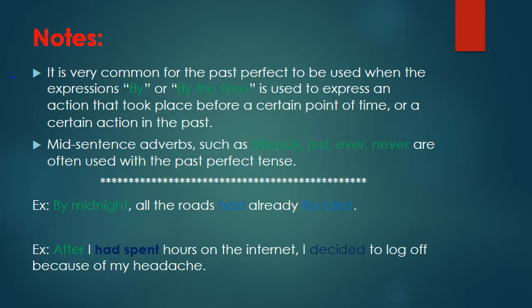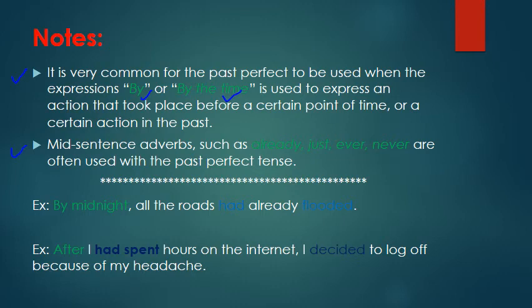Notes. Always read the notes. It is very common for the past perfect to be used with the expressions "by" and "by the time". Okay, so those are used to express an action that took place before a certain point of time or a certain action in the past.